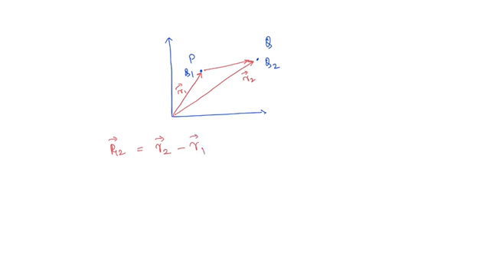So this is how you will find the distance vector from the position vectors. And if this is R12 bar, in the opposite direction it is simply R21 bar equal to minus R12 bar, or you can write R1 bar minus R2 bar.